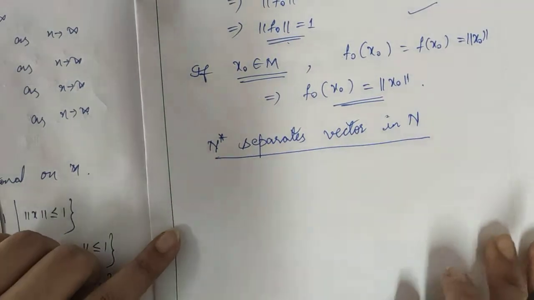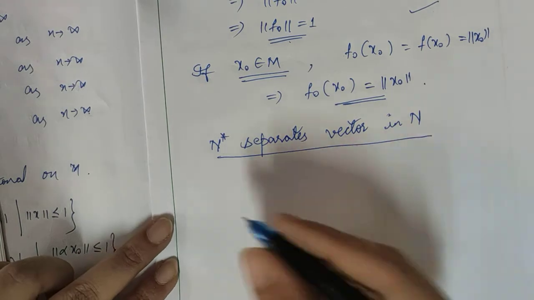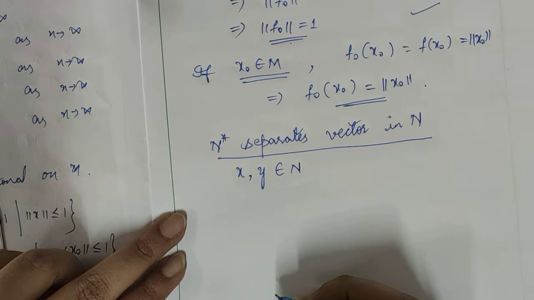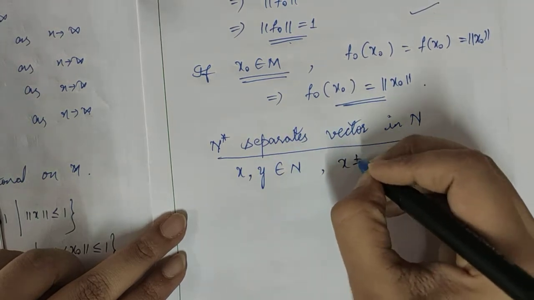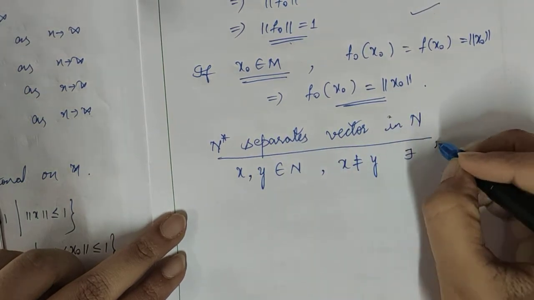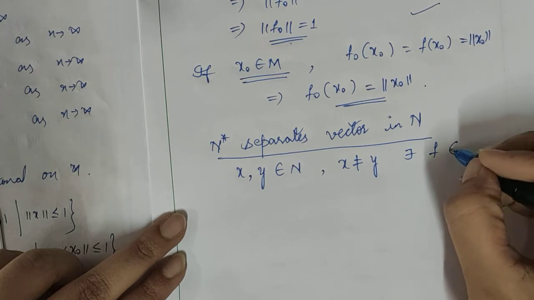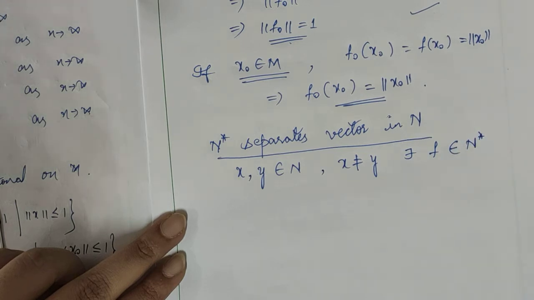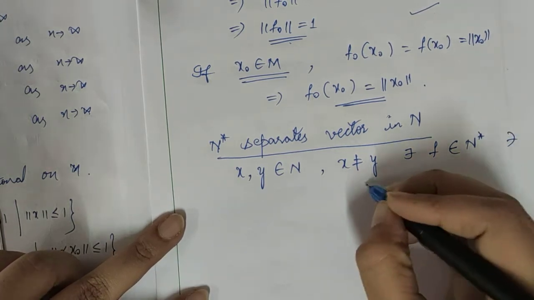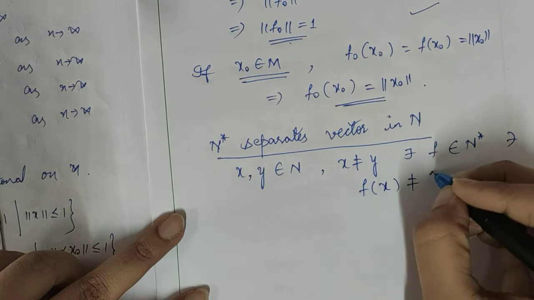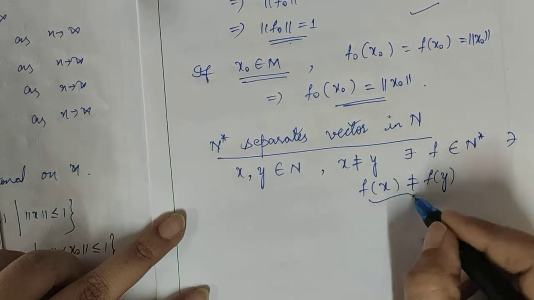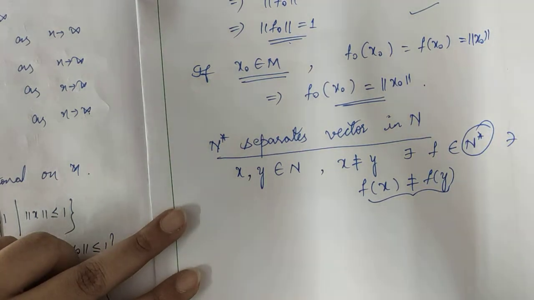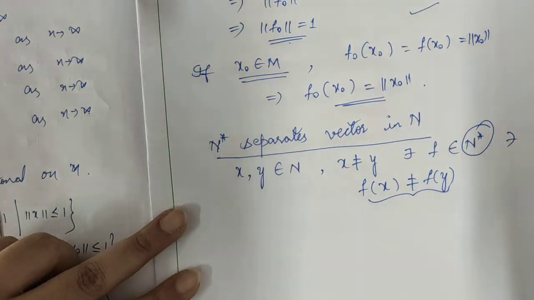That N star separates vectors in N means that if I choose two vectors in space N and the two vectors are not equal, then there exists a functional f that belongs to N star, where N star is nothing but the conjugate space of N, such that f of x is not equal to f of y. If this is the case and f belongs to N star, then I can say that N star separates vectors in N.